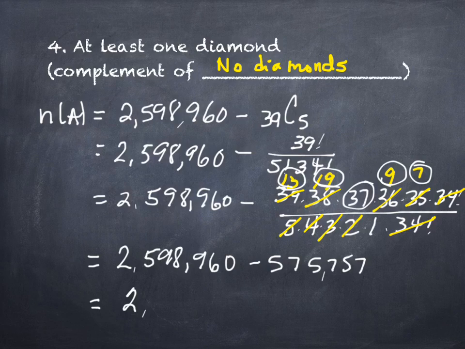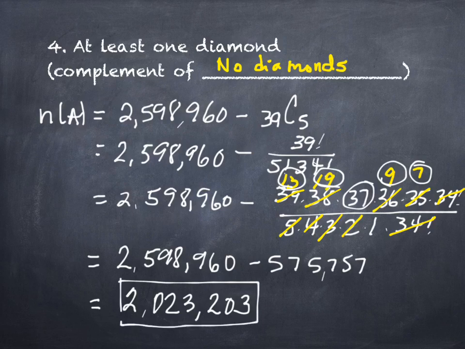Or do we? What'd you have when you subtracted, Trent? 2,023,200. 230? 203. 2s and 3s everywhere. So I had 5s and 7s everywhere, and then I have 2s and 3s everywhere, which I think is kind of funny. And the zeros. Don't forget the zeros. That's true. 2s, 3s, and zeros. Okay, any questions on that one?